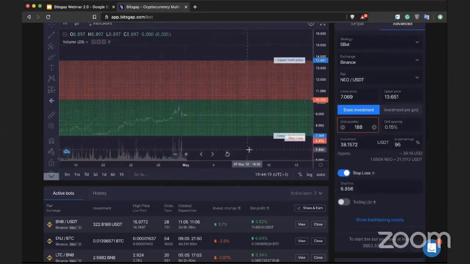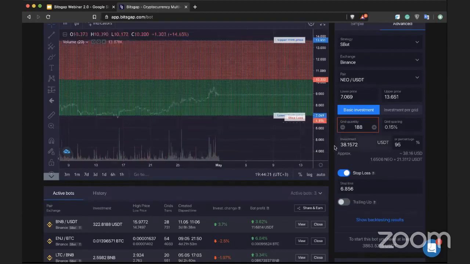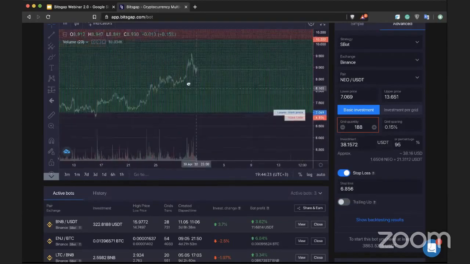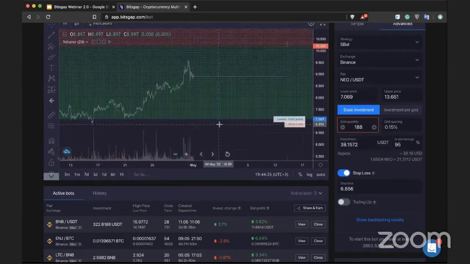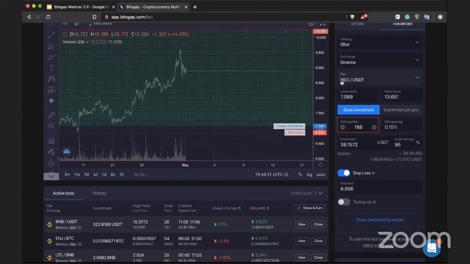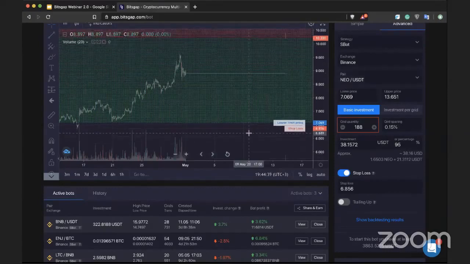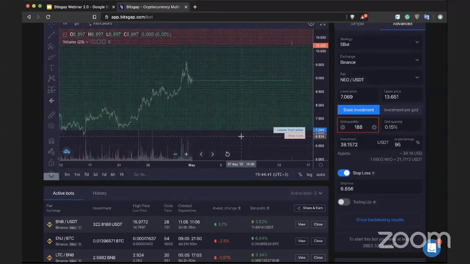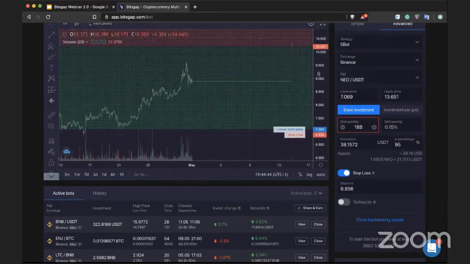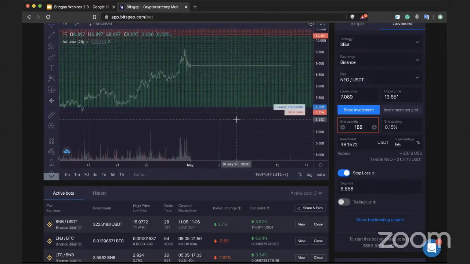That means that if the price triggers this level, 6.85, all of my base currency, in this case NOW, will be sold to USDT. So that's my panic button. If it triggered, it will sell all of my base currency. That's the basic principle of risk management.